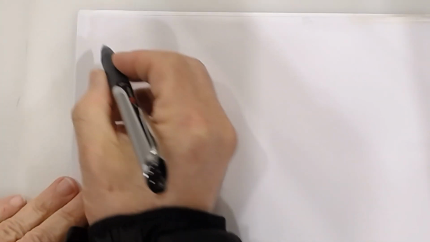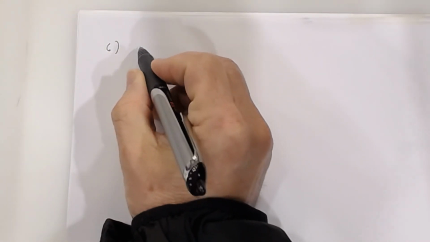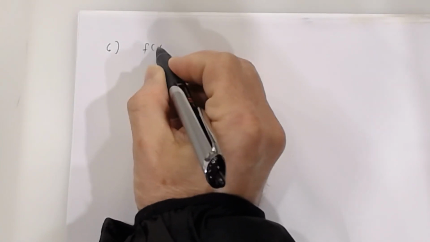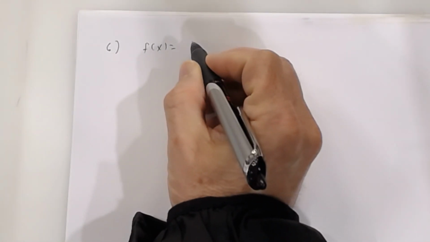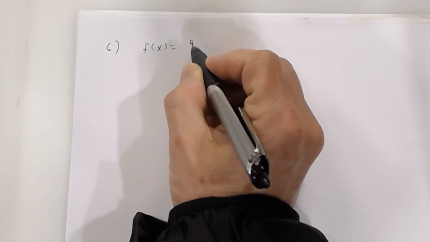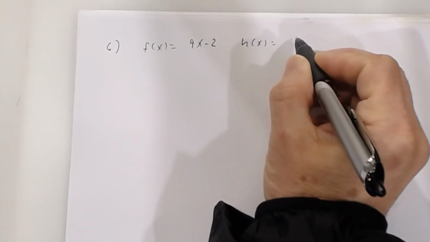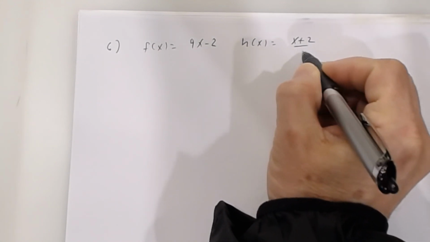All right, so let's look at this example. It's number 6. You're given 3 functions. F of x equals 9x minus 2. H of x equals x plus 2 divided by 9.